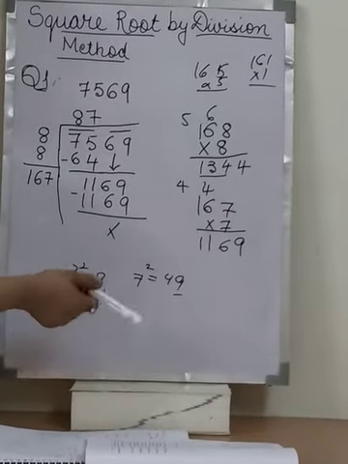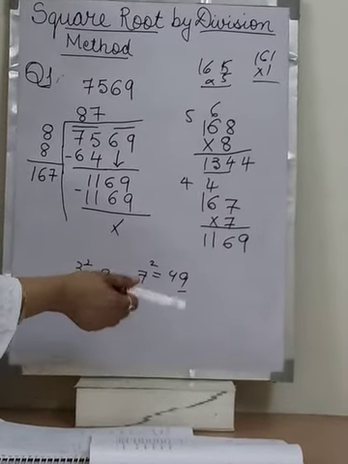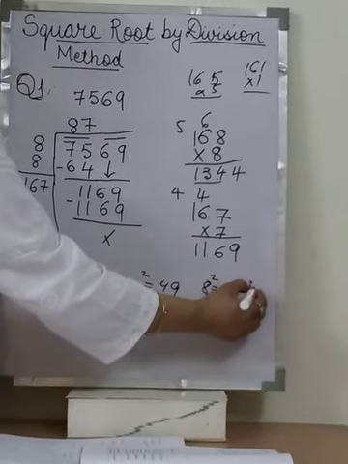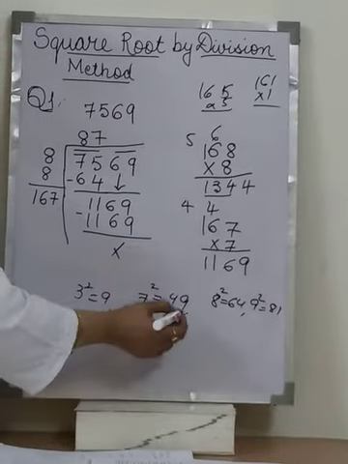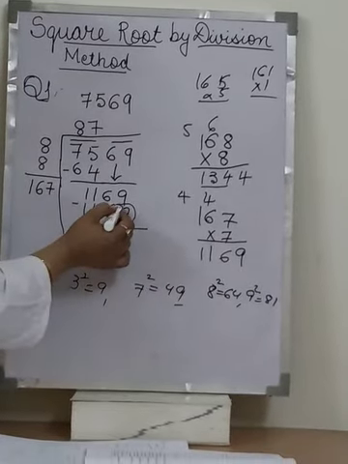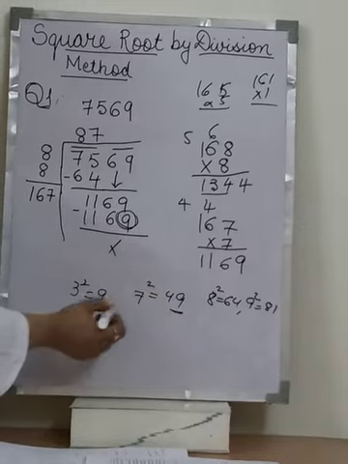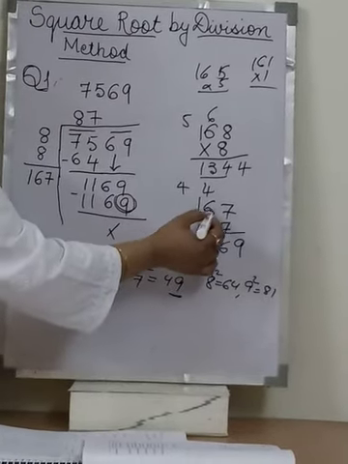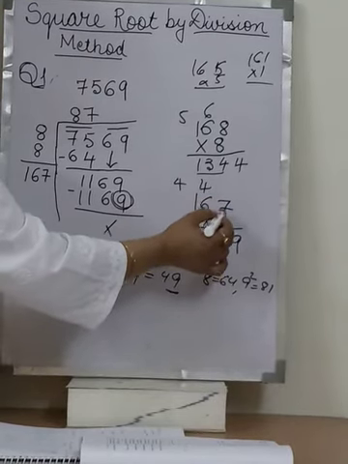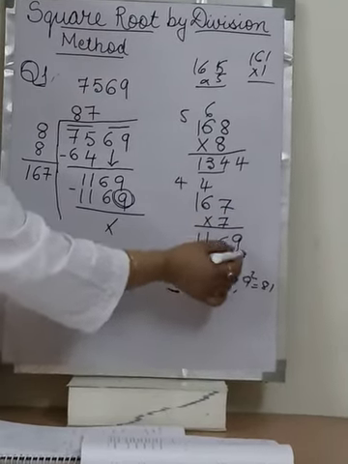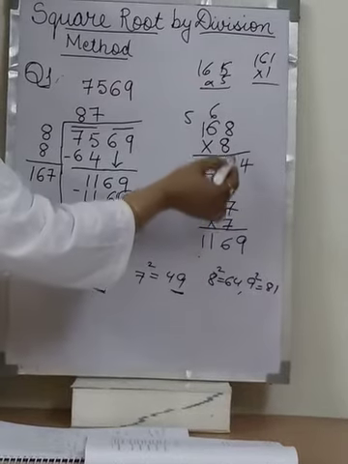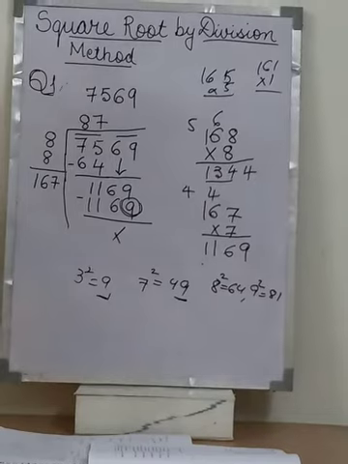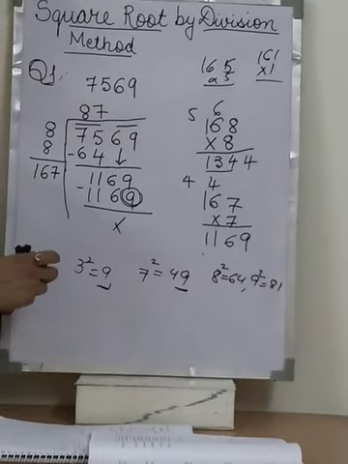And 8 square has 4 in the unit place and 9 square has 1 in the unit place. So as we are looking for 9 in the unit place, which two possibilities are there? Either 3 or 7. So the best is to directly check with 7. 7 7s are 49 and we got it as 1169. I did these many for you to explain it. Next time I'll go directly with the trick of how to guess the exact number.